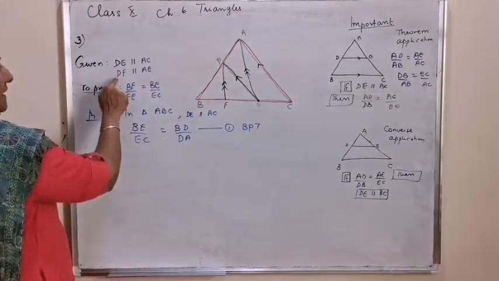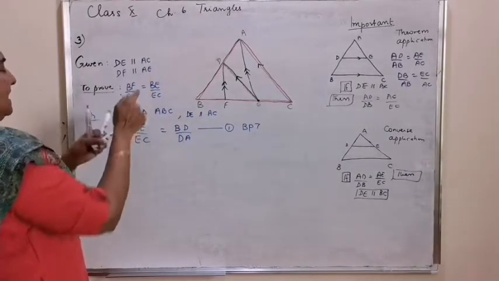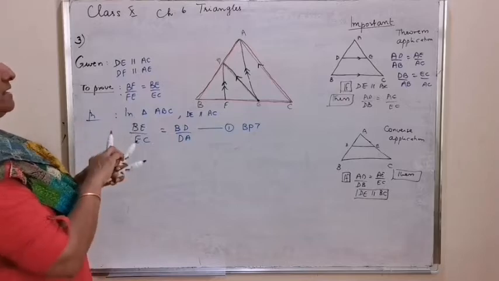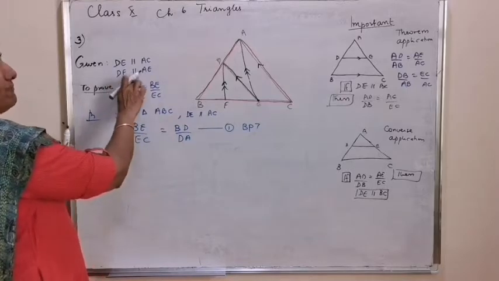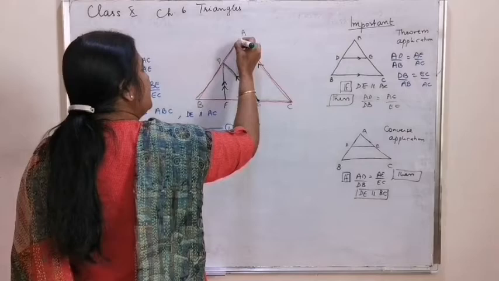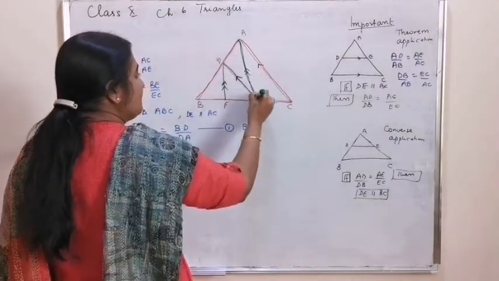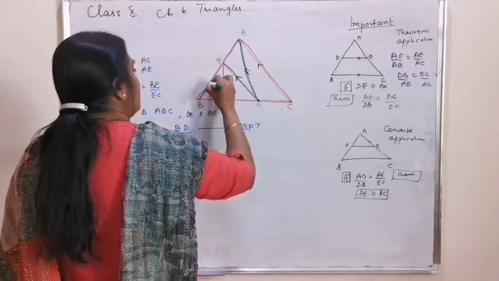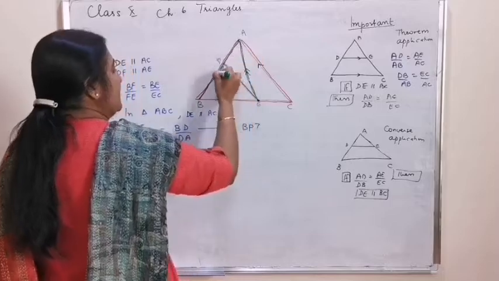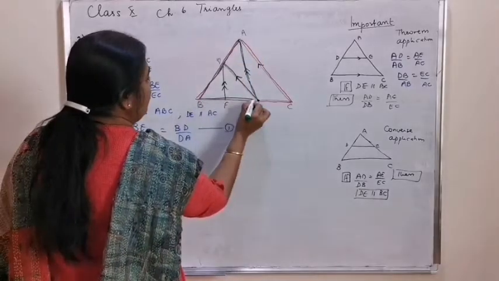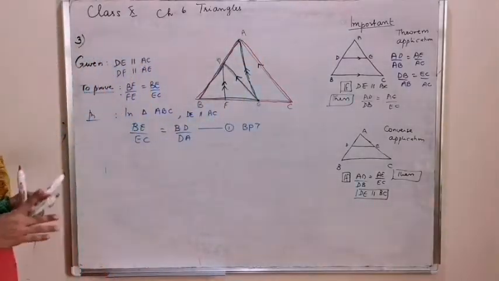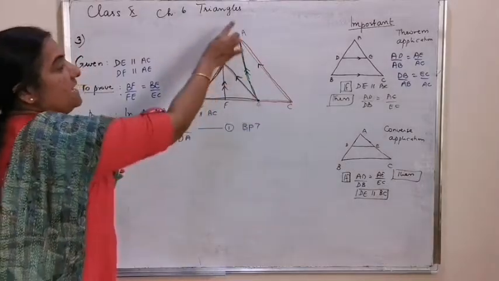Similarly, check the line DF parallel to AE. So which will be the required triangle? DF parallel to AE, AE is the base. So that will be the triangle BEA.